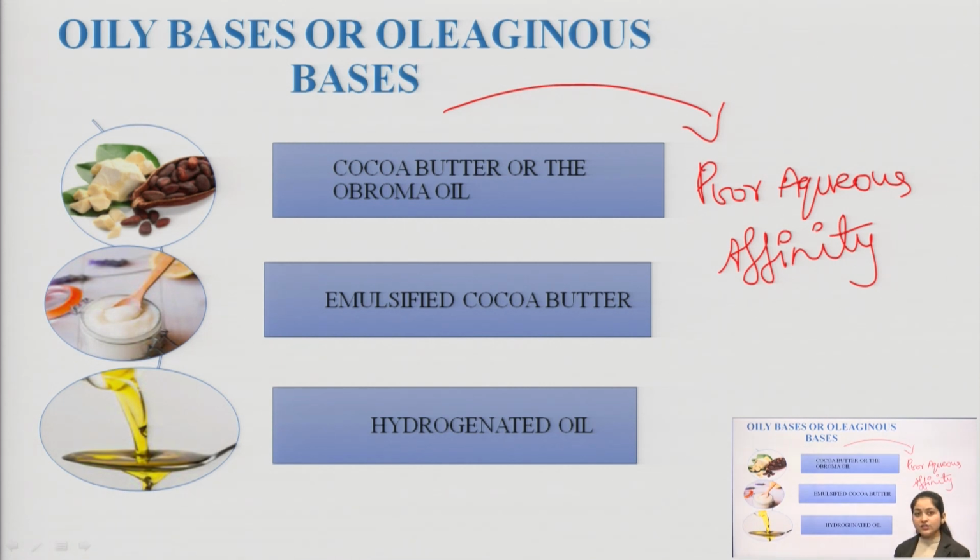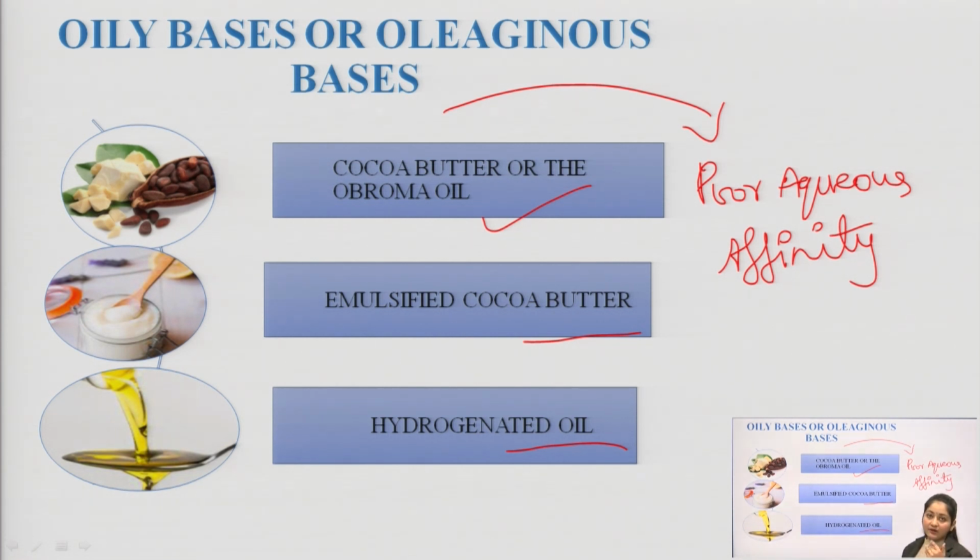In oleogenous bases we have three different varieties. First is cocoa butter, or theobroma oil. Second is emulsified cocoa butter, and the third one is hydrogenated oil. These three types are important varieties of oleogenous or oily bases. Depending upon the type of medication and the nature of the medicament, the type may vary.